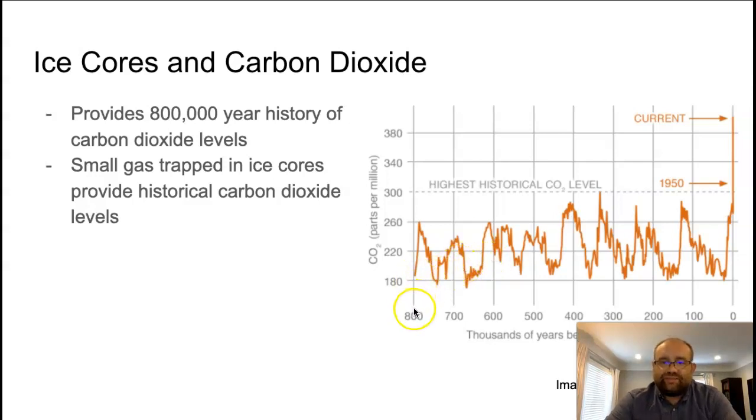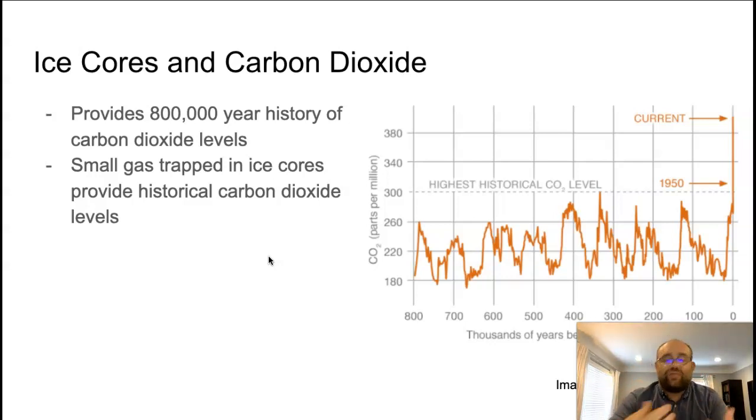Now, more recently, 800,000 years ago, but still more recently than the Ordovician-Silurian events, we can take proxy measurements of carbon dioxide levels. We do that by using ice cores. The oldest ice cores from the Antarctic region provide us with an 800,000 year history of carbon dioxide levels, because as ice and snow falls and gets compressed, tiny bubbles of air get trapped in there.